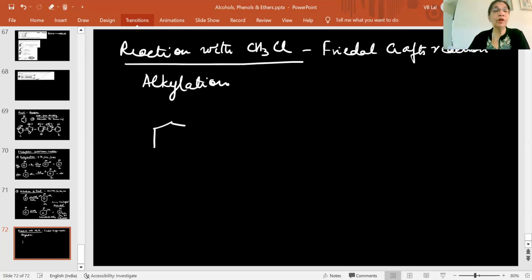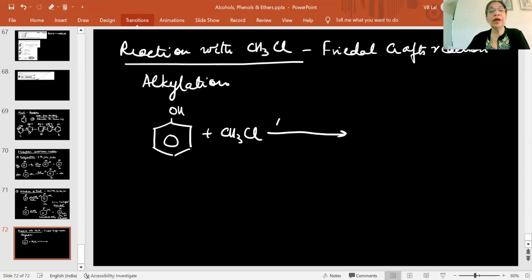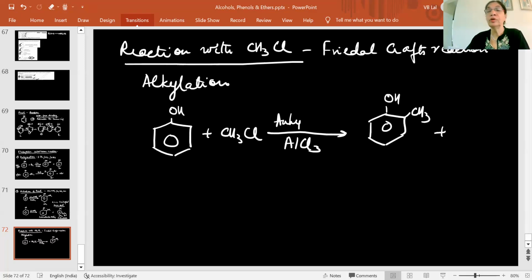If I take phenol, OH, and react it with CH3Cl, what is the catalyst for the Friedel-Crafts reaction? It is anhydrous AlCl3. So I will get OH and CH3 on the ortho position plus OH and CH3 on the para position.